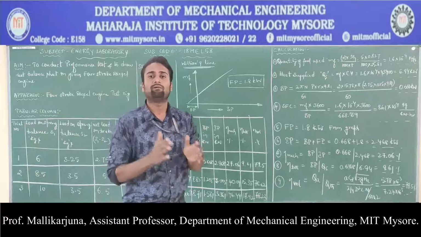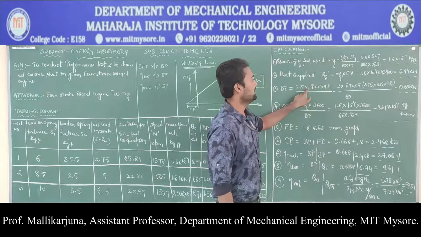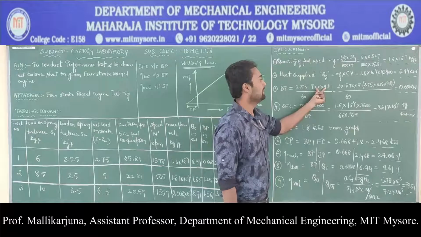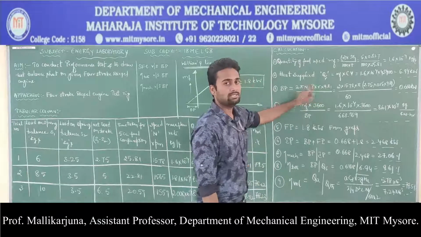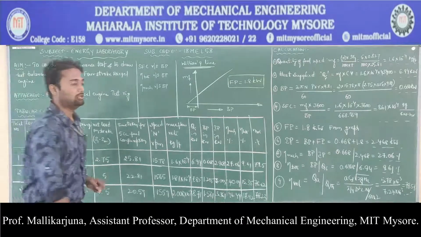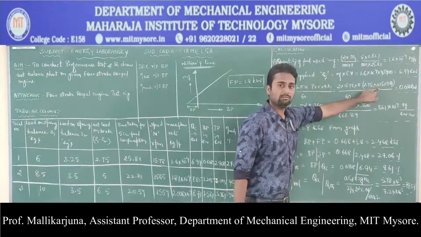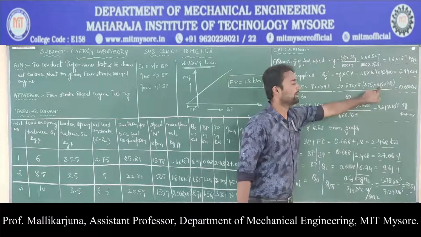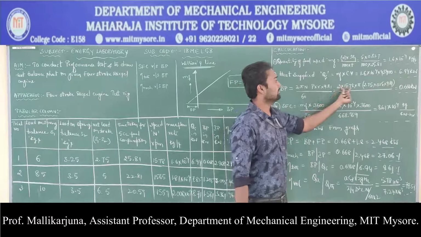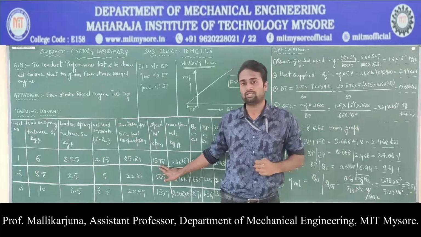Next thing is BP, which is the brake power. Brake power is the power available at the crankshaft, which is 2 pi N into torque divided by 60. This term gives us the torque. Here P is the S1 minus S2, which is 2.75, the load on the brake drum, and R is the radius observed from the brake drum, which is 0.15 meters, into 9.81, into 2 pi N, where the speed is 1578 for the first trial.